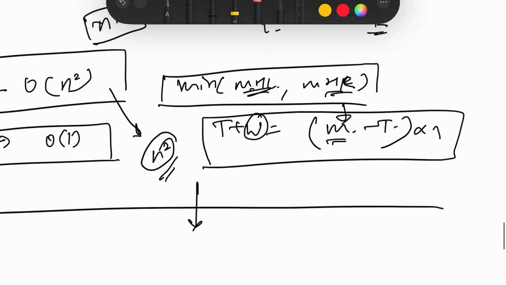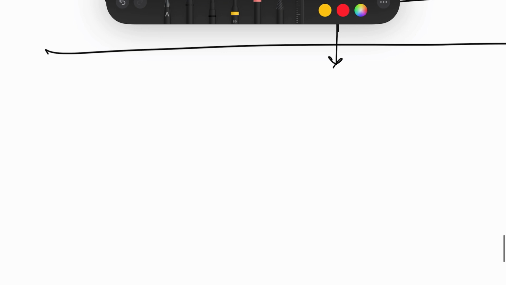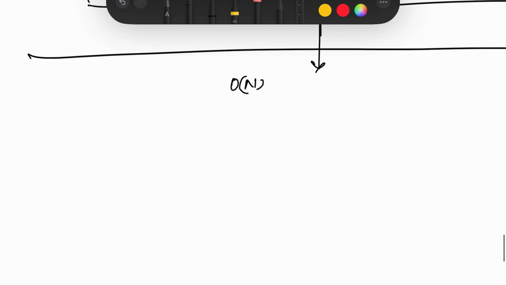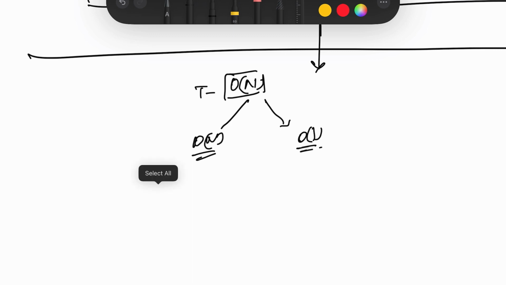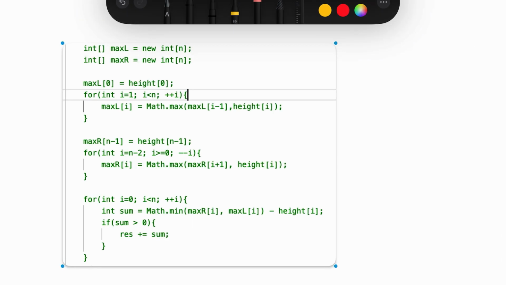Let me show you the solution for the approach where I'm solving this problem in O(n) time. One is with O(n) space and one is without any space. So here if you look at the code, I have taken two arrays, maximum height on the left side and maximum height on the right side, and I have pre-computed these two arrays.